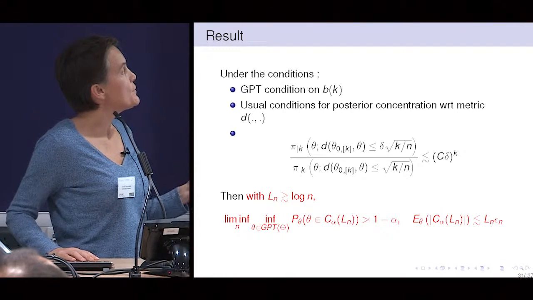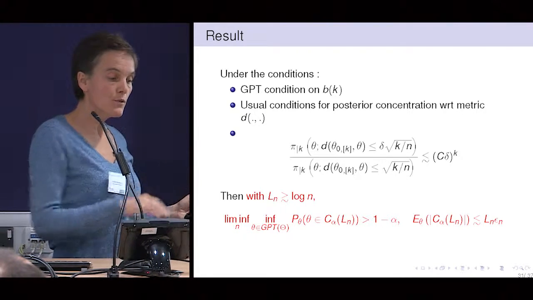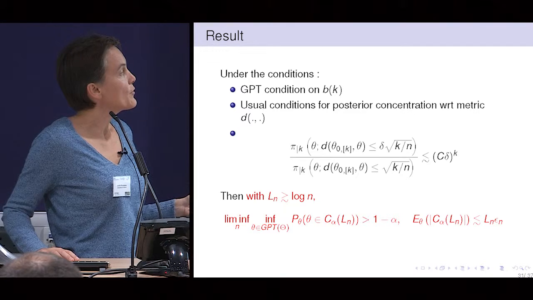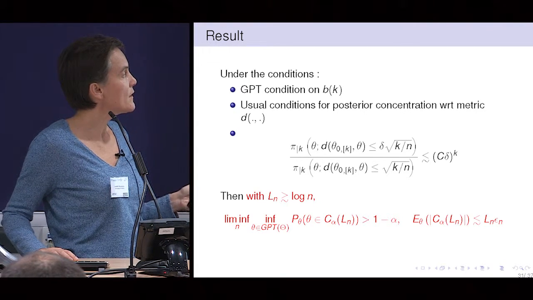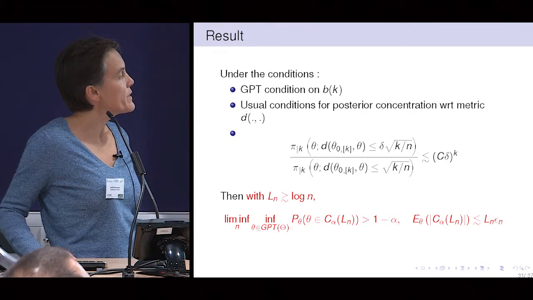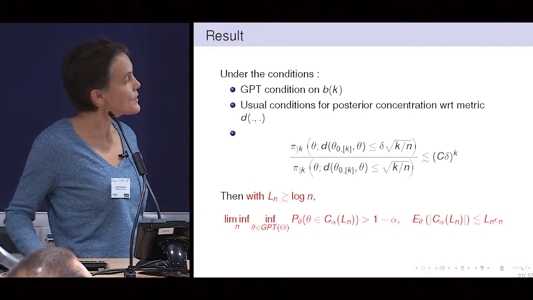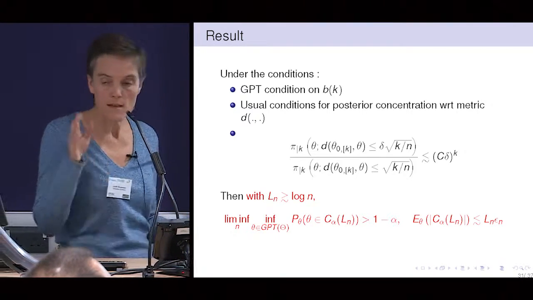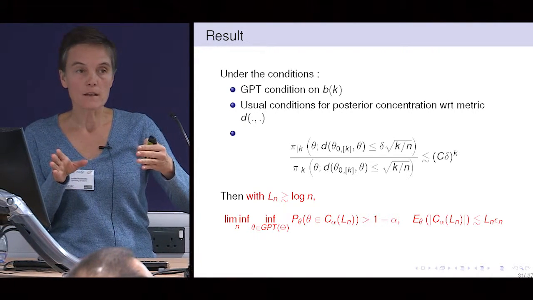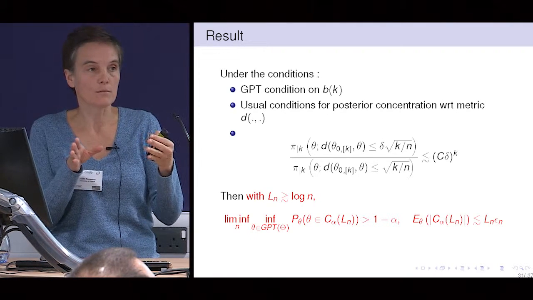So if you have this GPT condition, so the bias is going to 0 regularly with k, and the usual type of conditions for posterior concentration, so here it's nothing exciting. And these kinds of unpleasant conditions, actually, you can essentially view them as saying that locally, the metric that you're considering in model theta k looks a bit like a Euclidean metric.